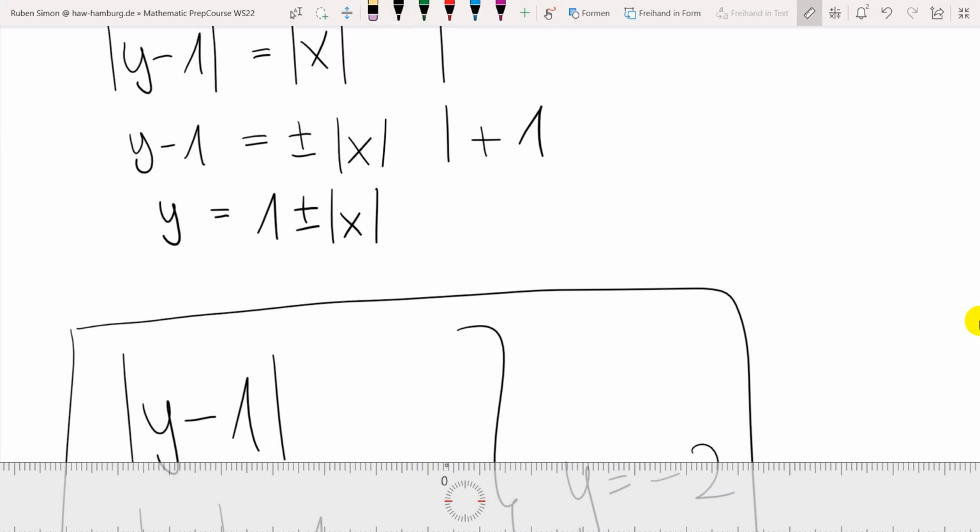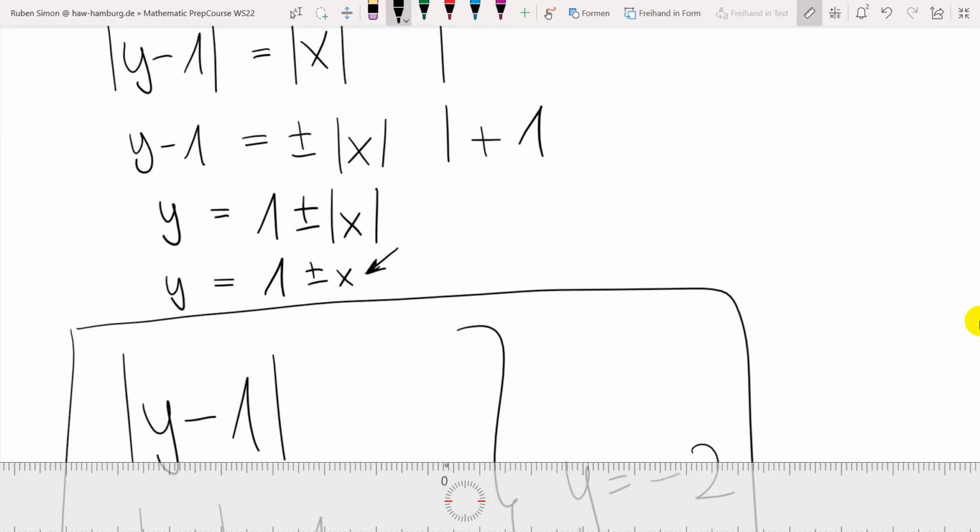Okay, then I'll tell you. I will just write it down like this. Or I could even leave it with plus minus. I will just skip, or eliminate, the absolute value dashes.